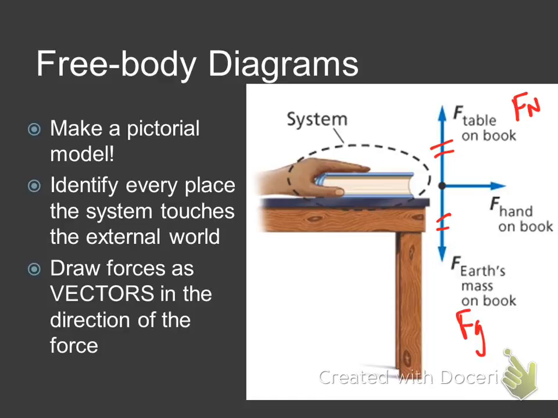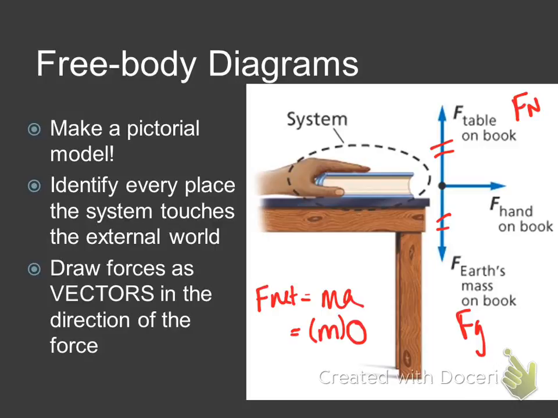Okay? What do we know about the net force of something that moves at constant velocity? Did we talk about that last time? It's zero, right? So let's look at our net force equation. F net is equal to mass times acceleration. If I'm moving at constant velocity, that means my acceleration is equal to 0.